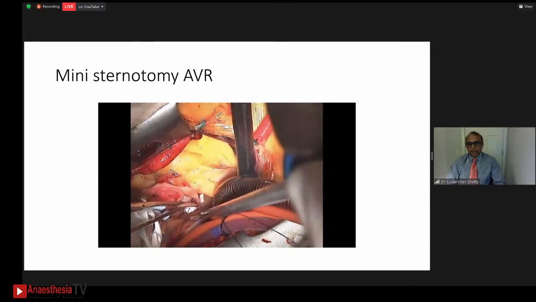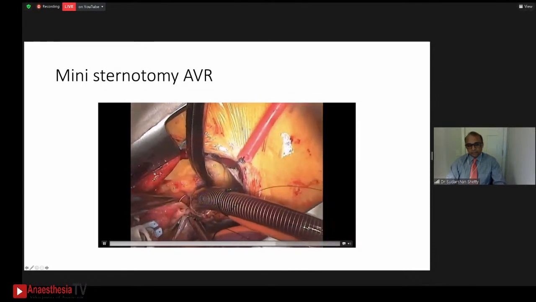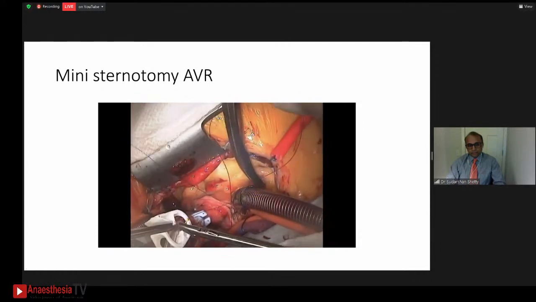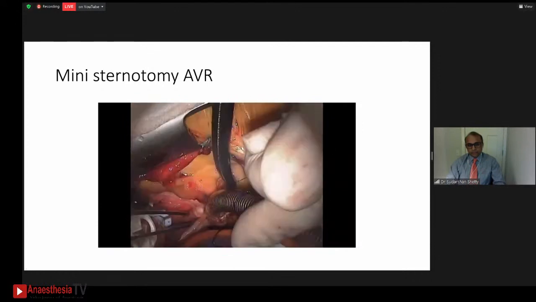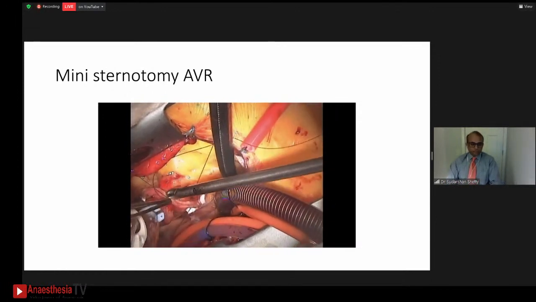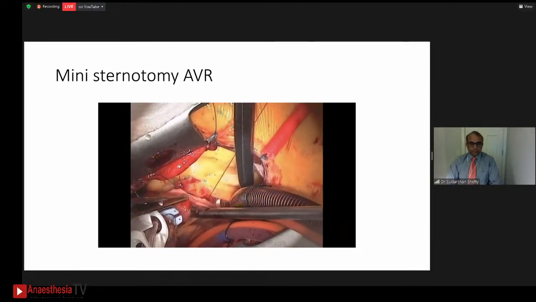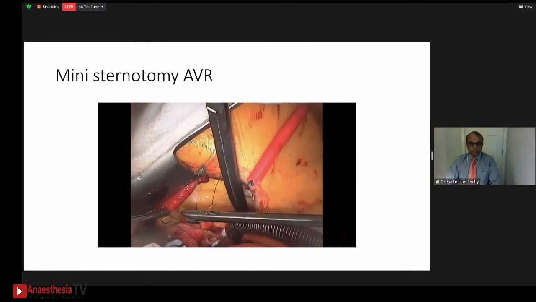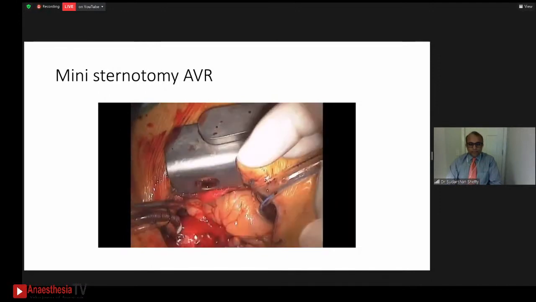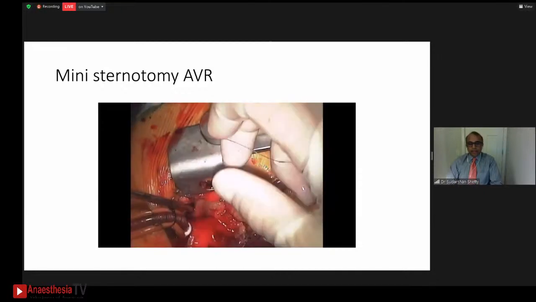And then he's closing up the aortotomy there. Achieving hemostasis, and they'll start decannulating soon.